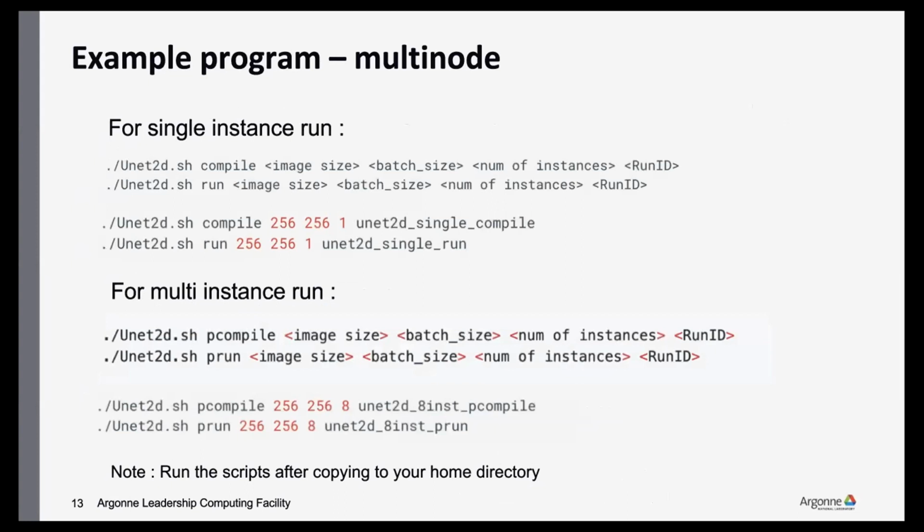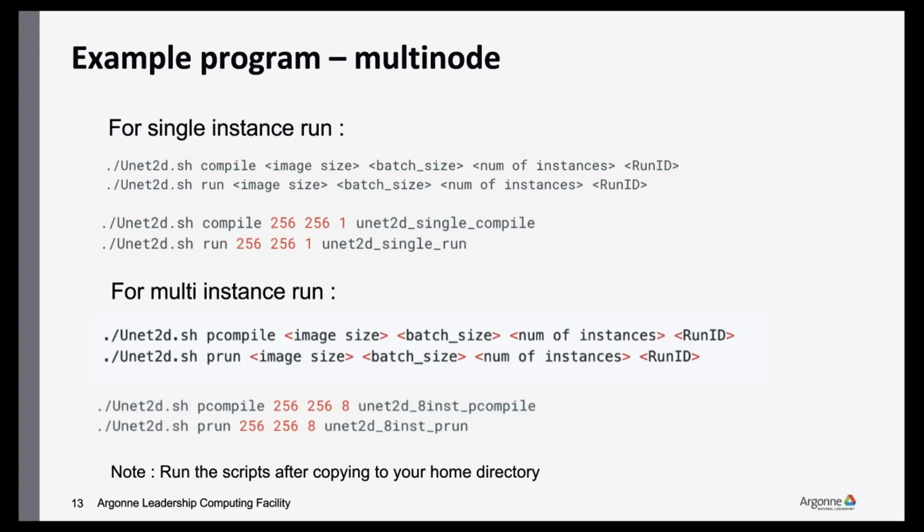So when you run a simple UNet example, this is how a compile and a run command look. For example, this is the single instance where you're just running the UNet model on, say, 4 tiles. These scripts are written for running both a single instance as well as multiple instances.